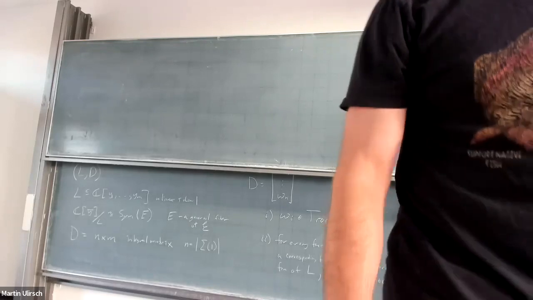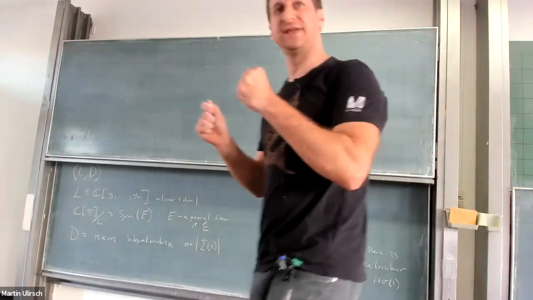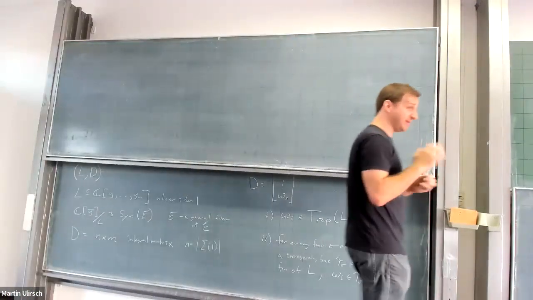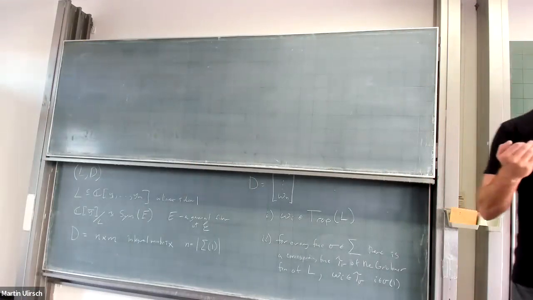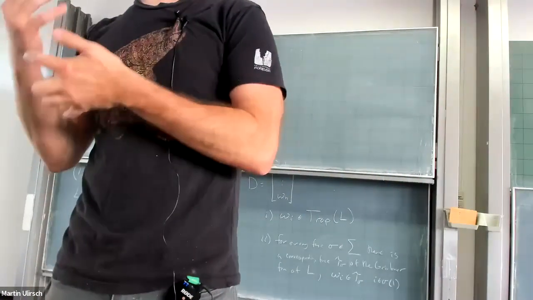It's not one-to-one. That was one of the comments I forgot to say. So different L and D can give the same toric vector bundle. Some L's are better than others at seeing certain properties.